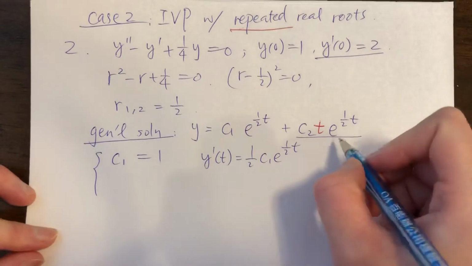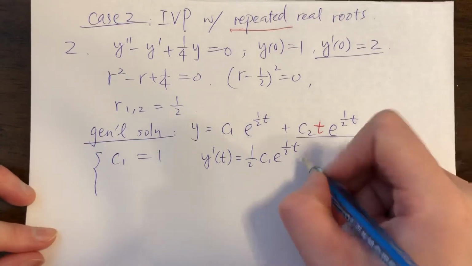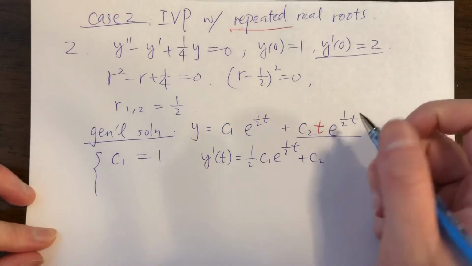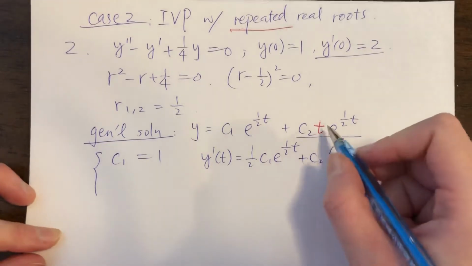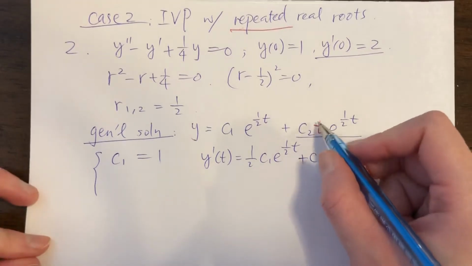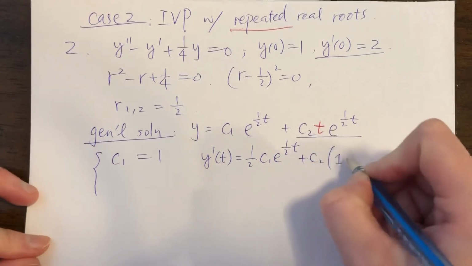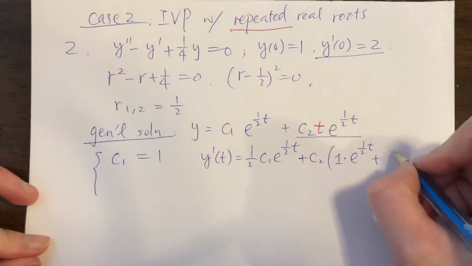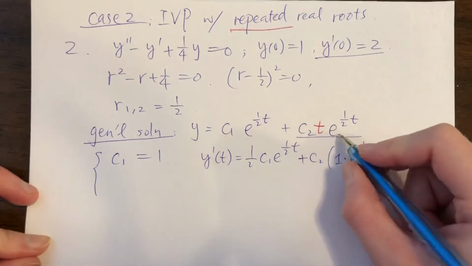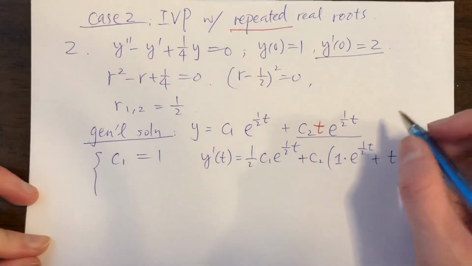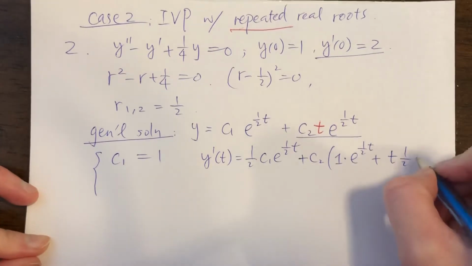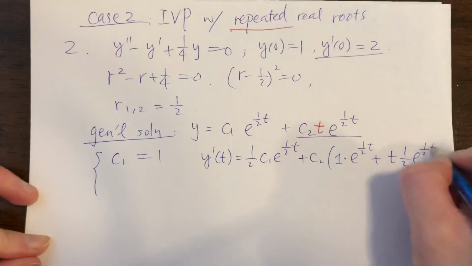So y prime of t is, you pull out the coefficient. And how do you differentiate this thing? I would like to maybe just use the product rule. So it's the derivative of the first term t, which is 1, times the second term, plus the first term t times the derivative of the second term, which is 1/2 e to the 1/2 t.